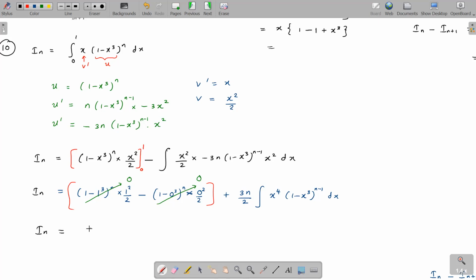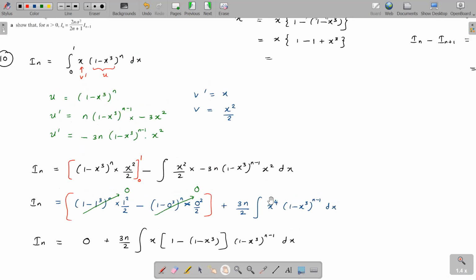So I n equals, this part is completely 0, plus 3n over 2, integration of x times 1 minus x cubed into 1 minus x cubed to the power n minus 1. Are you all with me? Okay.